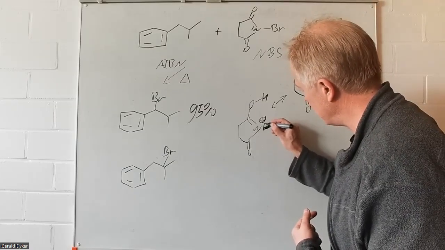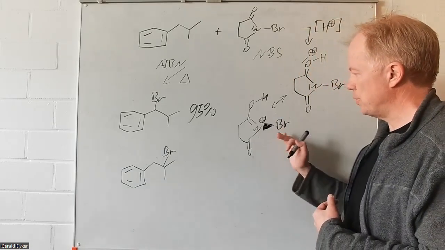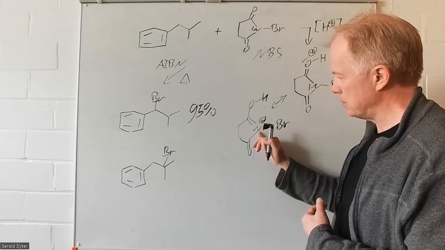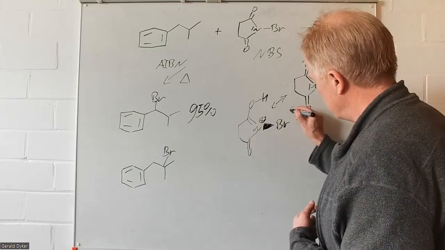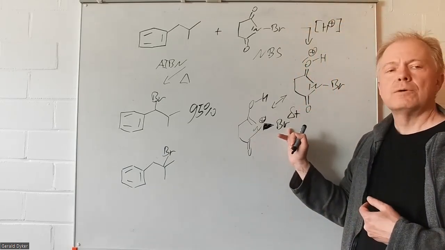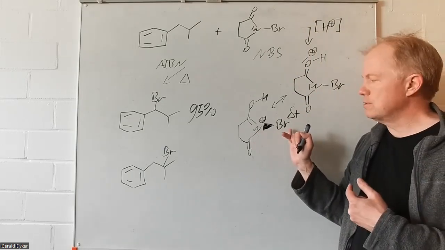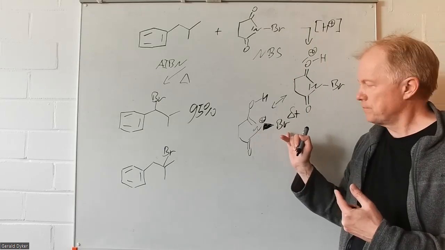That means that electron pair is polarized to the nitrogen, and we have a very much positively polarized bromine, and this means this is electrophilic.